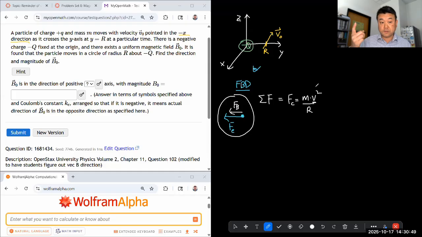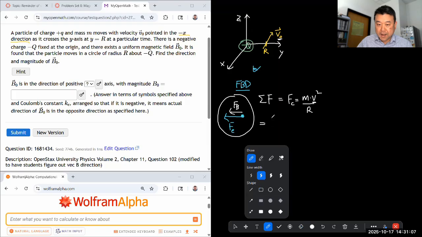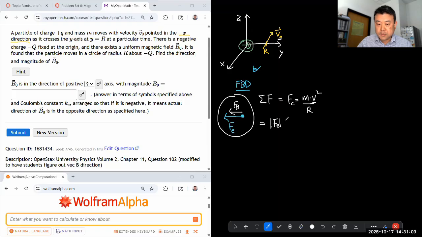So I do have the velocity of the particle, just v naught. And so let me just write this out. The electric force, the magnitude of it is going to be the Coulomb constant times, or let me actually make sure I don't skip steps. So this is going to be the magnitude of the electric force plus the magnitude of the magnetic force equals mv squared over r.